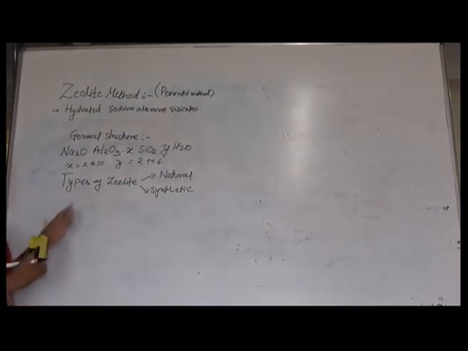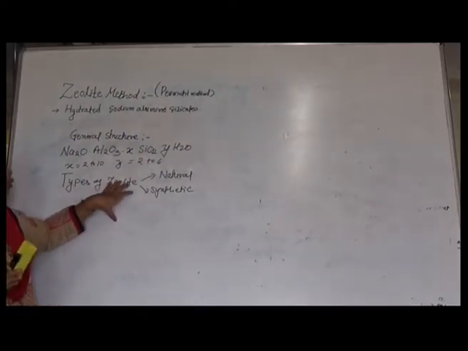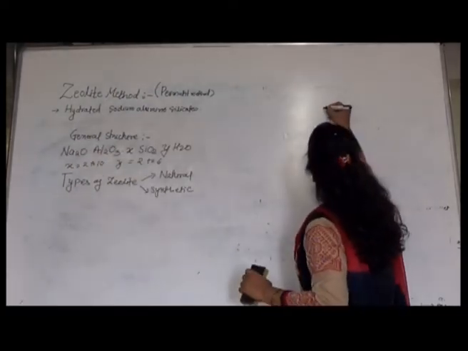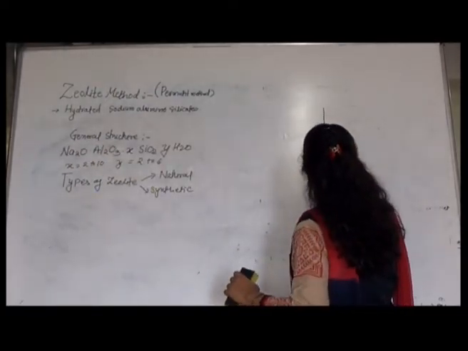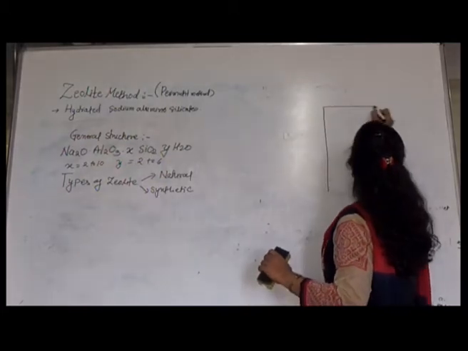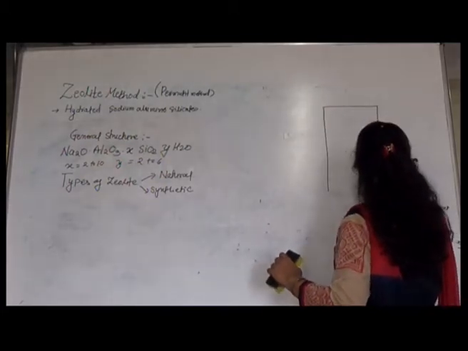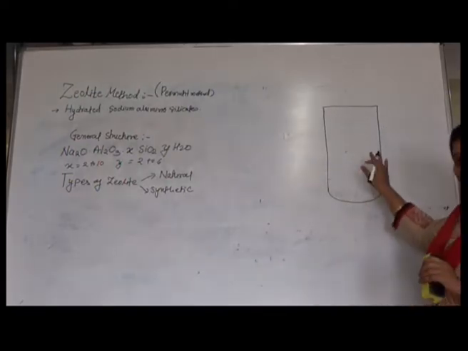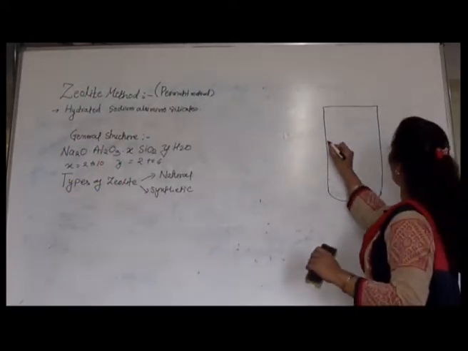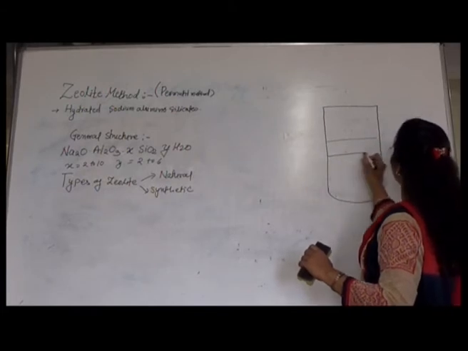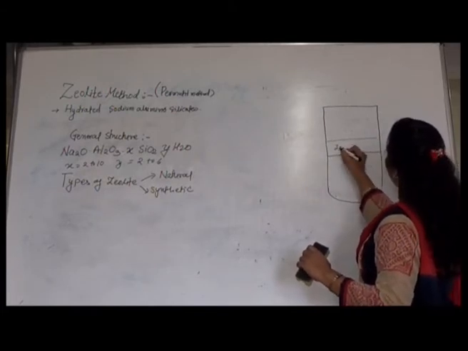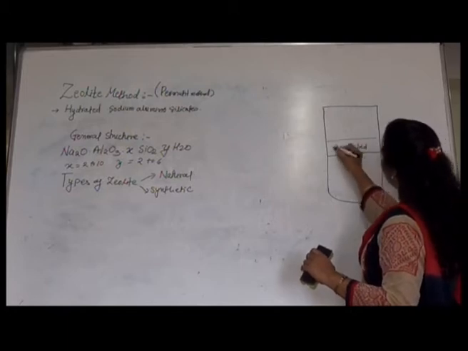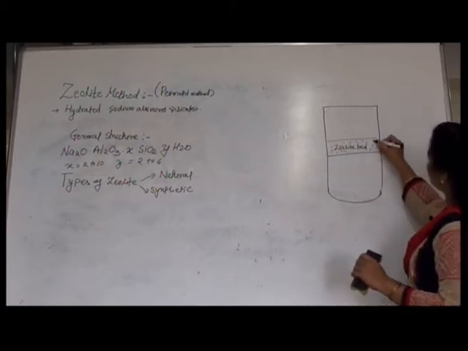Now let us see the function of this zeolite softener. Here is a cylinder of the zeolite softener. This is a cylinder in which the zeolite bed is fixed. It's a zeolite bed which is fixed in this cylinder.